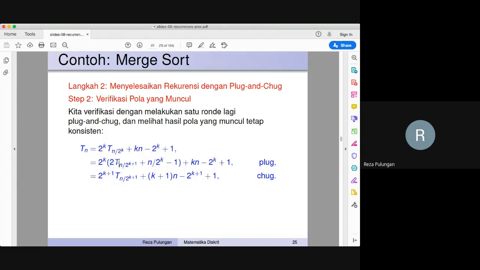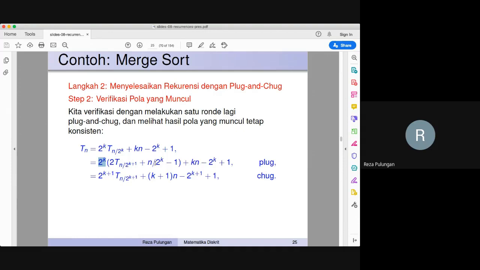This one, Tn divided by 2 to the power of k plus 1. So this is okay. What about this one? There are 2 to the power of k here, multiplied by n divided by 2 to the power of k. So that means 2 to the power of k just disappears, becoming n. Yeah? So, but here we have k times n.